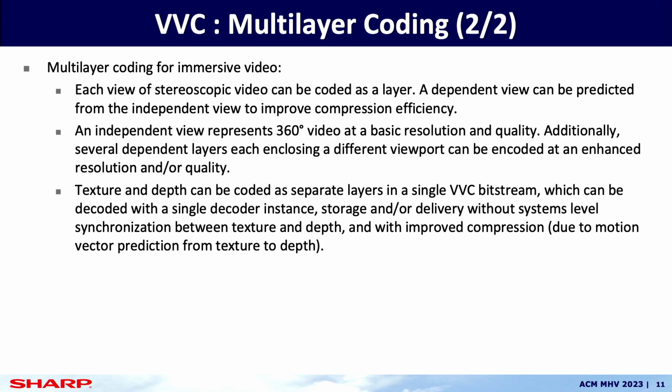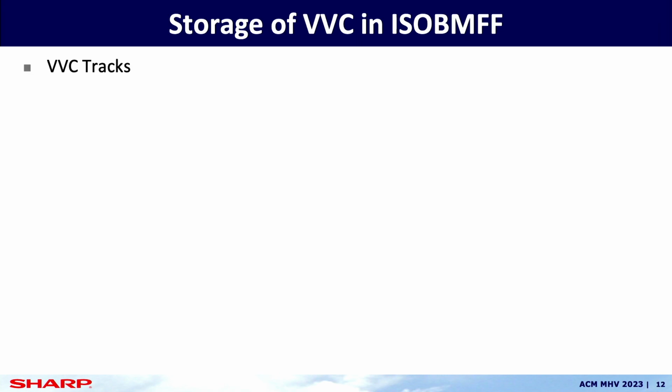Another is an independent view of 360 at a basic resolution and quality, and then dependent layers which enhance just part of the viewport. That's one other use case. And then again, this texture and depth aspect, which relates to MIV, where you can have a single bit stream, with texture and depth coded as different layers, and you can use inter-layer prediction.